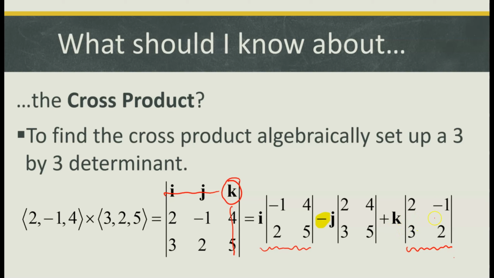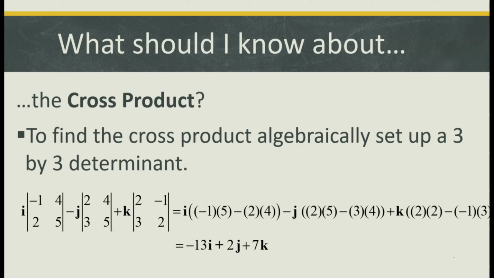So if I were to compute those various determinants, starting with the 2 by 2 multiplying vector i, I would multiply the diagonals, so I'd have -1 times 5, and then I would subtract the product of the off diagonal entries, so the product of the 2 and the 4.